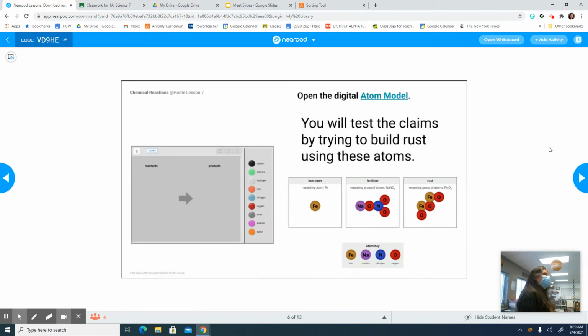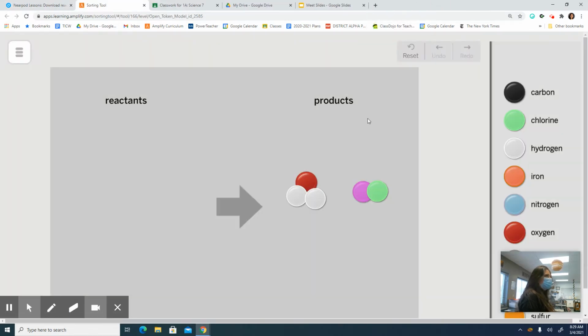You're going to test the claims by trying to build rust by using these atoms. If you would like, you could go ahead and click that link there. And that's going to open up Amplify for you. You may need to log in.